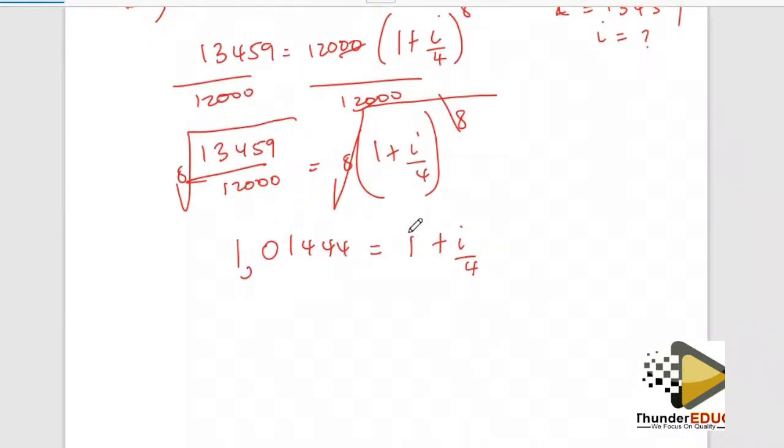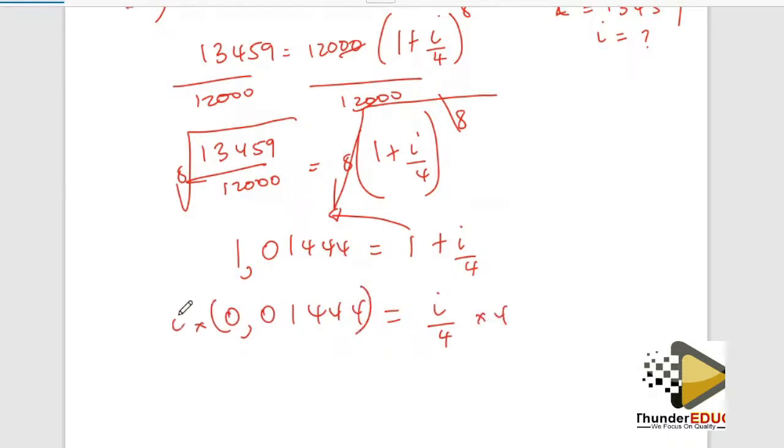Then I can move this 1 to that side, which will be subtraction. Left with 0.01444 is equal to i over 4. Multiply both sides by 4. I'm getting 0.0 something like that, 1, 2, 3, 4.